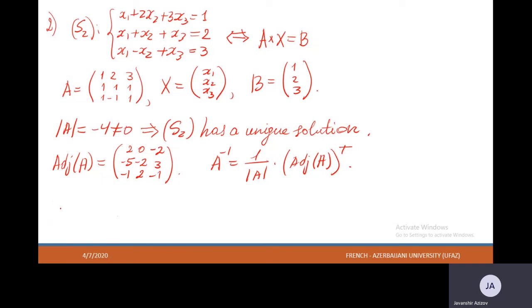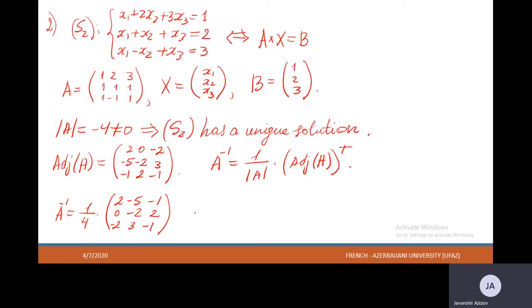Then in our case, the inverse of A will be 1 over 4 times the matrix of 2 minus 5 minus 1, 0 minus 2, 2, minus 2, 3 minus 1.